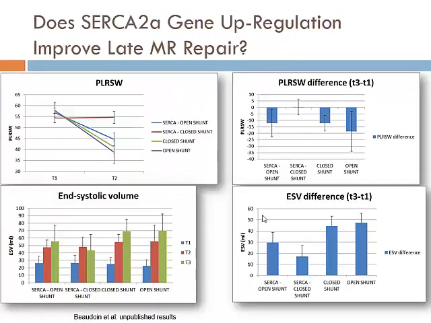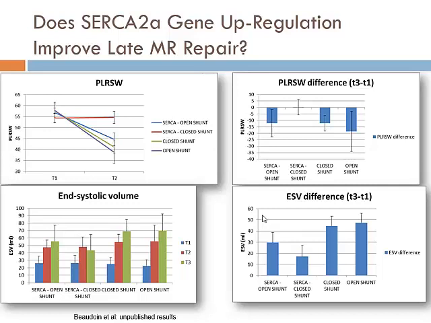So now the question is obvious. Would gene therapy with SERCA2a, like we did in the non-repaired animal, be beneficial in improving the results of late repair of mitral regurgitation, as we said, the most common clinical situation?